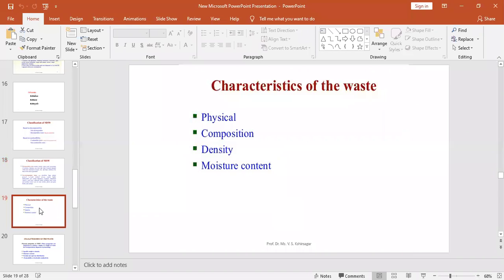Okay, now we will see the characteristics of the waste. So first I request you to write down what are the different characteristics of waste.